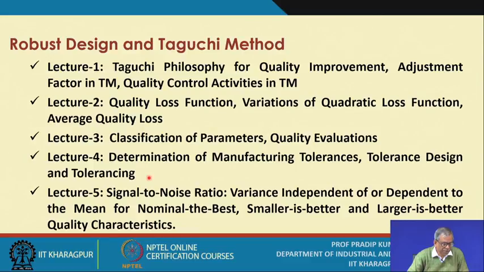And in the last lecture, that is in lecture 5, we will be referring to the signal to noise ratio as a performance measure, variance independent of or dependent to the mean, for nominal the best, smaller is better and larger is better quality characteristics. Okay, so this will be our coverage.